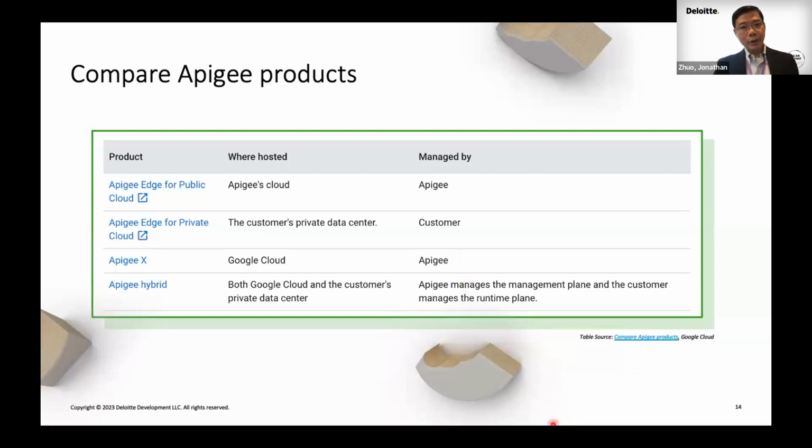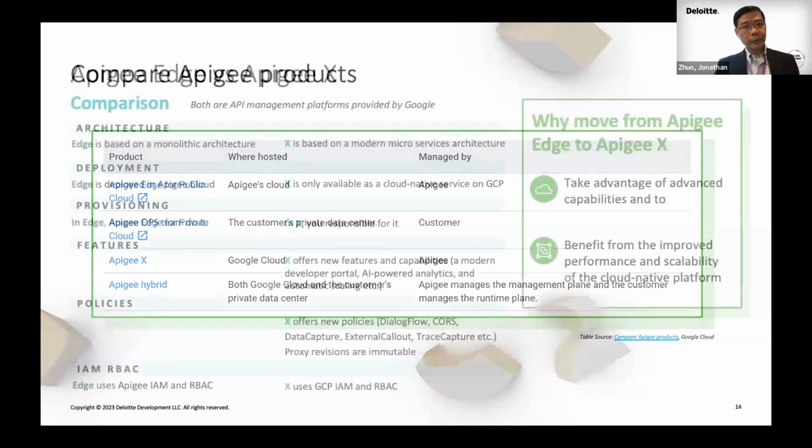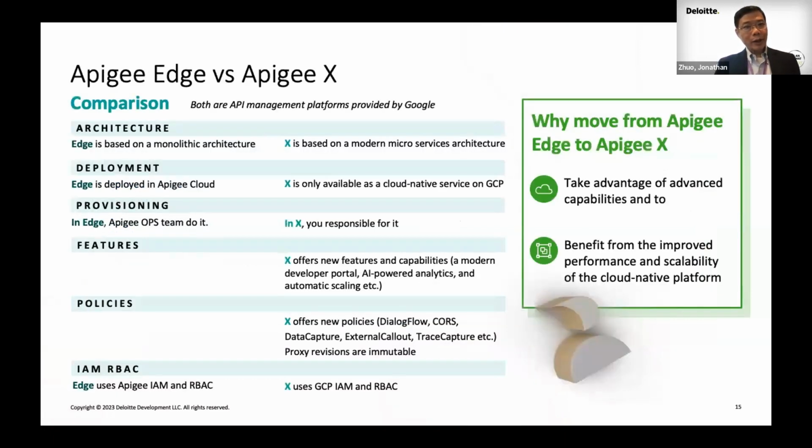If I do a comparison between both, Apigee Edge and X, both are API management platforms provided by Google. And architecturally, Edge is based on a monolithic architecture, and X is based on modern microservice-based architecture.